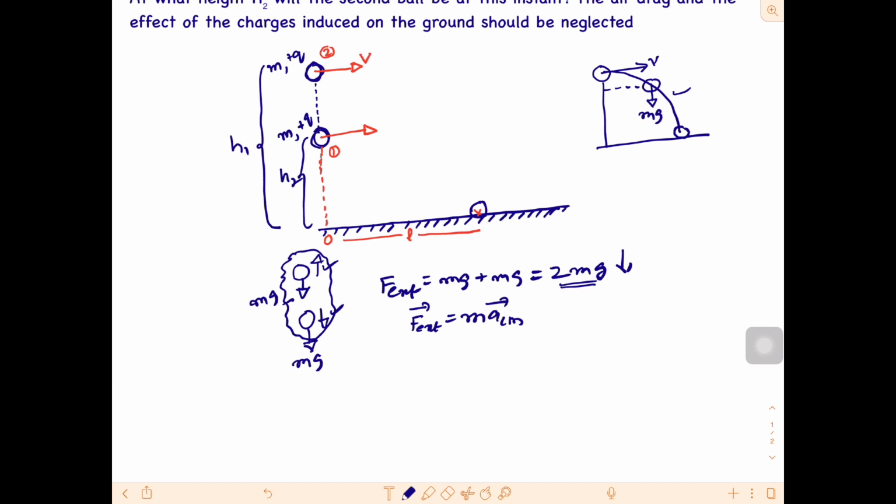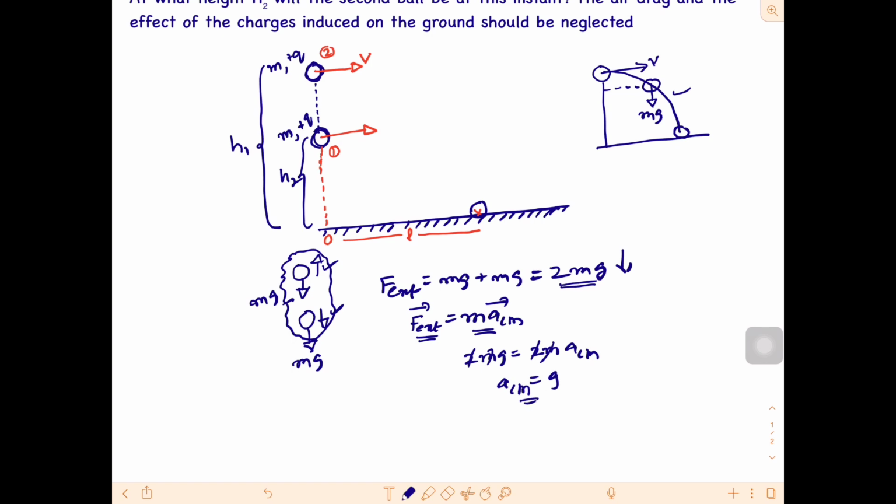So a point which is representative of the whole system, which behaves as if the total external force were acting only on it, is defined as center of mass. Here 2mg is equal to total mass 2m times a_CM. Cancelling 2m, we get a_CM equals g.